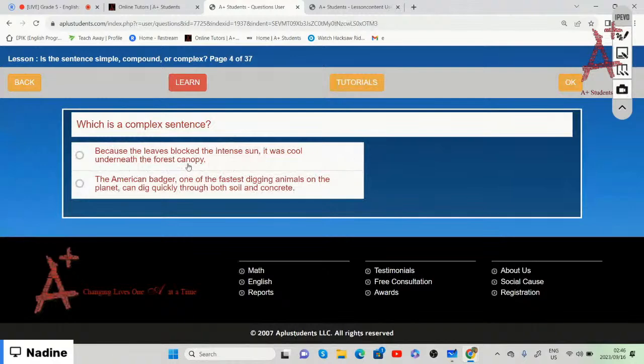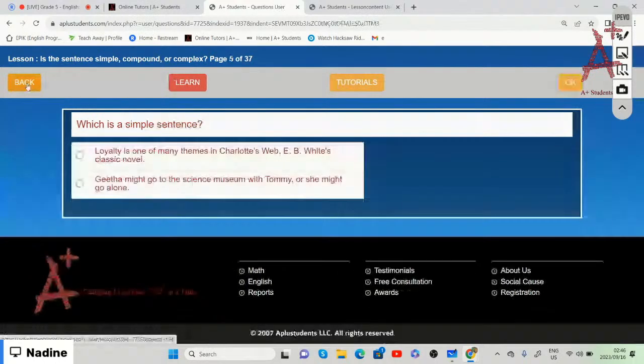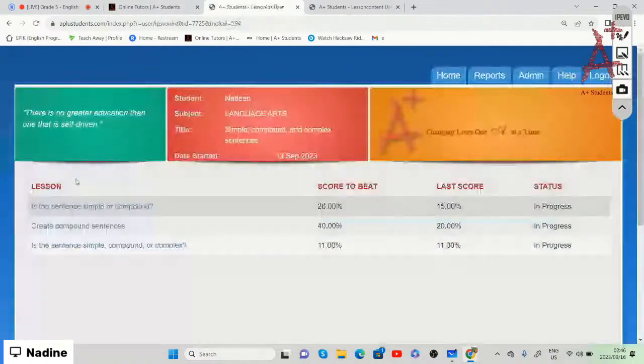So we're going to choose the first one, because the sentence starts with a subordinating conjunction, or it is in the middle of the sentence. So that is a complex sentence. All right, so that is our chapter on simple, compound, and complex sentences.